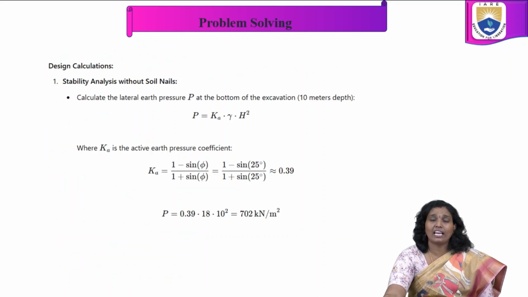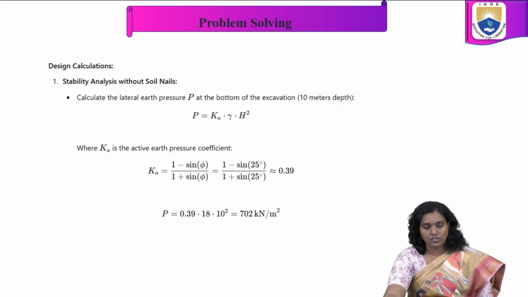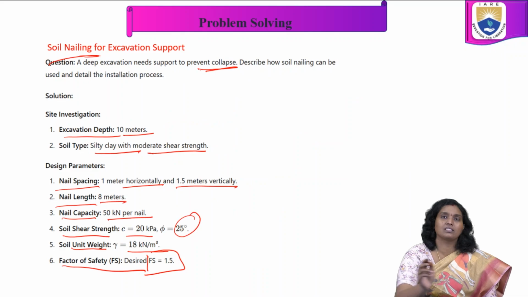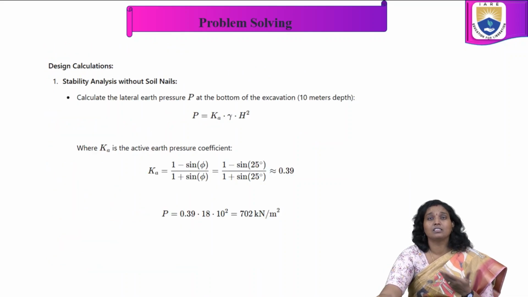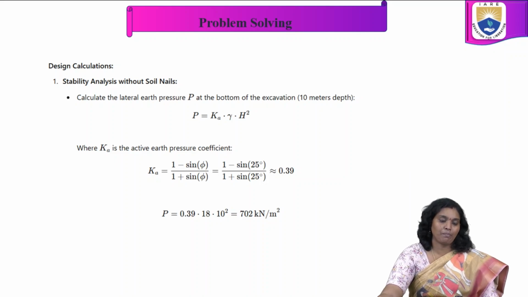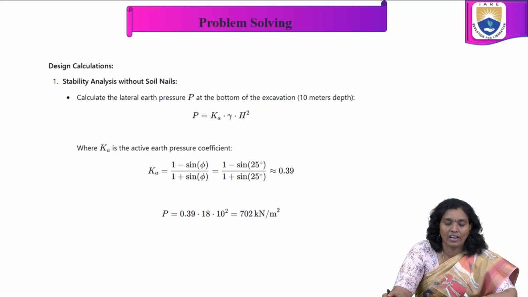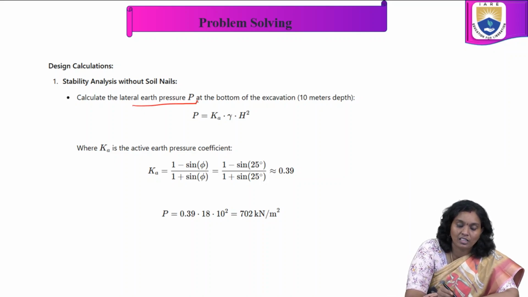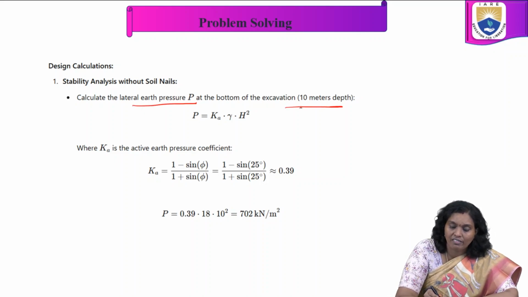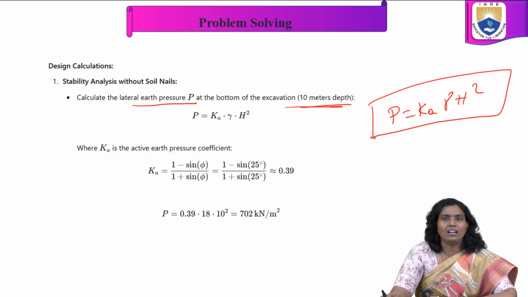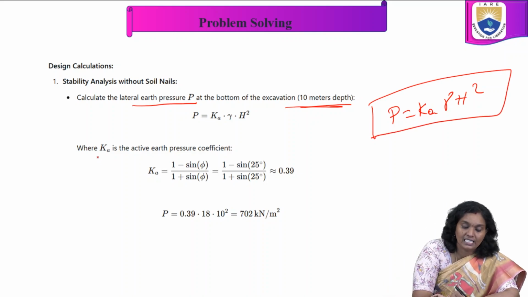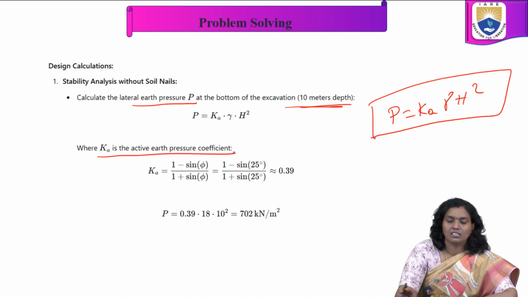In the design calculation, the first step is the stability analysis without soil nails. Before introducing the soil nails, we check how the structure is going to be stable. Calculate the lateral earth pressure at the bottom of the excavation: P is equal to Ka gamma H square, the formula for the lateral earth pressure, where Ka is the active earth pressure coefficient.